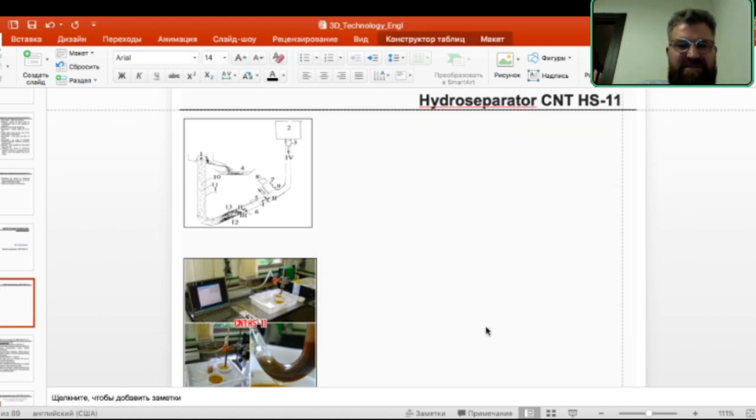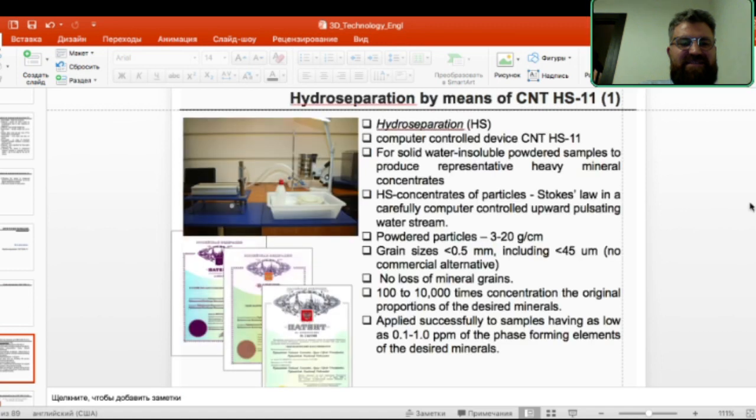Anyway, I just want to make sure that you understand that this process is totally computer controlled, all the regimes being preset, and the software controls it, so you can always go with whatever is preset in terms of regimes for different particles and different types of mineralogy.